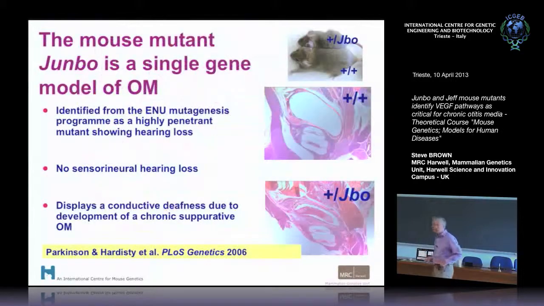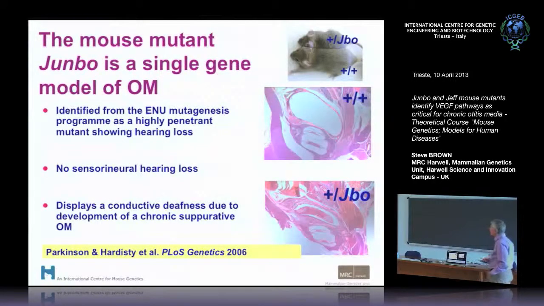The other mutation that I'll talk to you about today is the Junbo mutation. It's very similar to the Jeff mutation. It also displays a conductive deafness due to the development of a chronic otitis media. It's a more suppurative form of chronic effusion where the effusion within the middle ear is more cellular, but nevertheless there are enormous similarities between the Junbo mutant and the Jeff mutant.